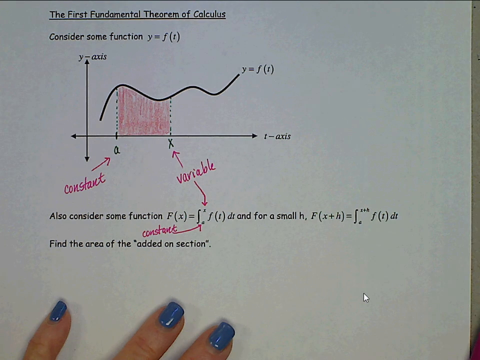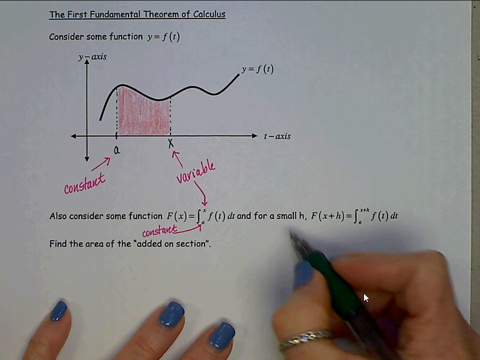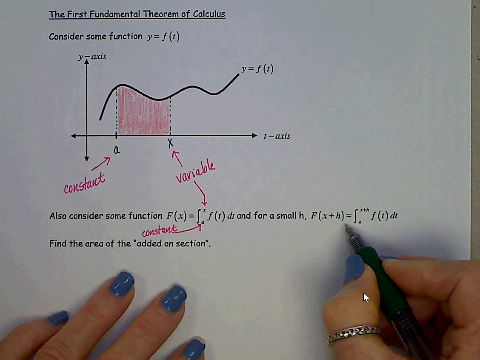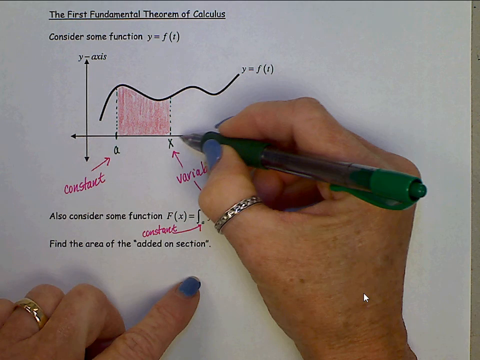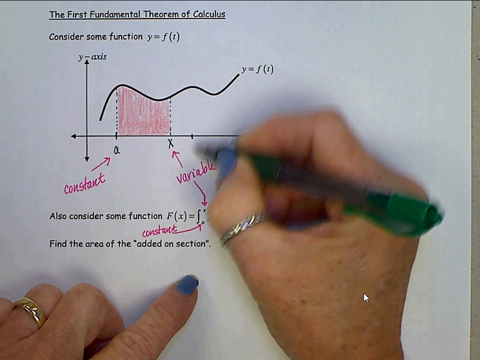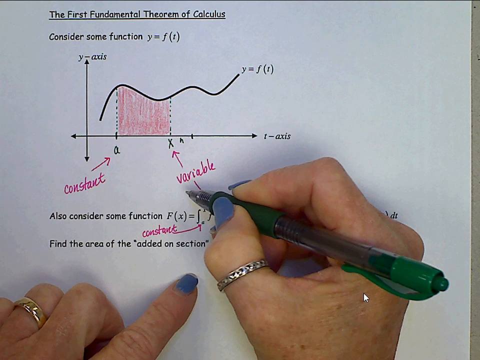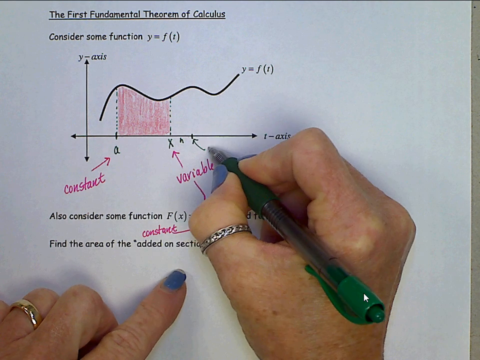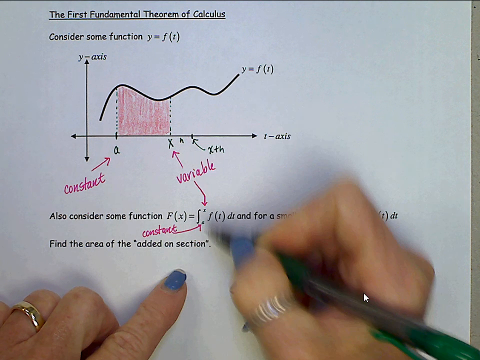Alright, now I also want you to consider for a small h this function, big F of x plus h. So small h, that distance in there is h, which means this coordinate down here is some x plus h.